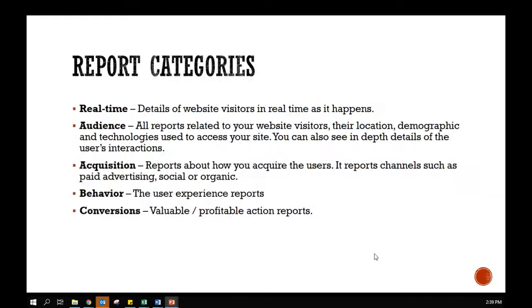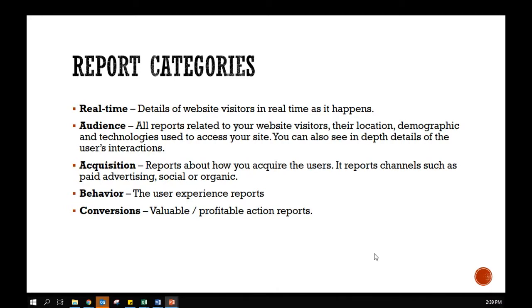Okay, and then we will look at the report categories. During the demo you will be able to see it for yourself. First, real-time information, basically details of the website visited in real time as it happens. Later when I show you the demo, we will be able to see whether there are any real-time viewers or not.